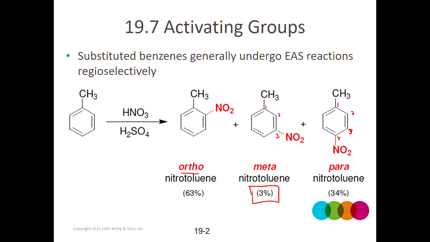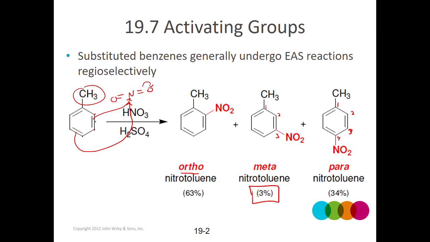The reason for that is the same reason why the reaction is faster with the methyl group versus if there were a hydrogen here. And that has to do with the transition state, right? So we can imagine when the pi electrons attack the NO2 group to attach the nitro group to the ring, the pi electrons could reach out and do that from the ortho position or from the meta position, or it could be the pi electrons that attack from the para position.